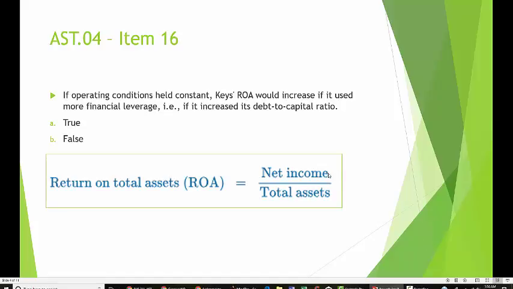So the numerator would go down. If the numerator of a fraction goes down, that means its result would go down. So if Key's increased its financial leverage, its return on assets would decrease.